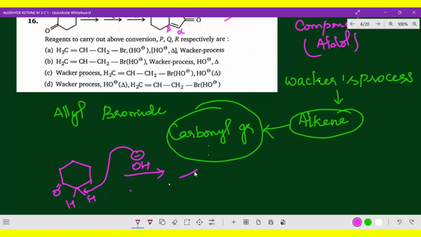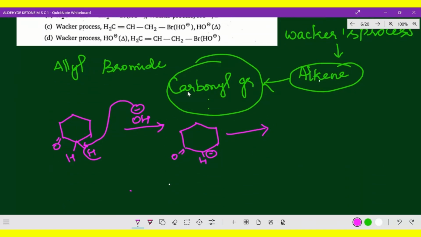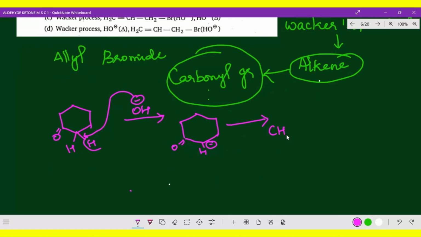So what will you receive? Here you will get the double bond O, here one hydrogen will be there, and here one minus charge. Why? Because it releases a water molecule, so you get that minus charge here. This minus charge is waiting to react with allyl bromide, CH2 double bond CH single bond CH2Br.